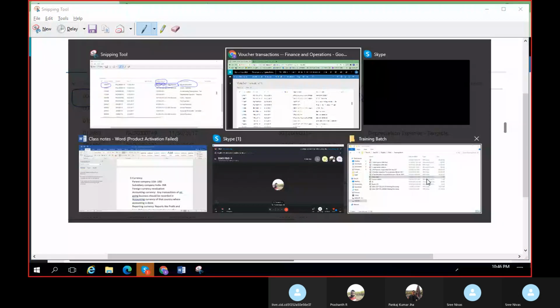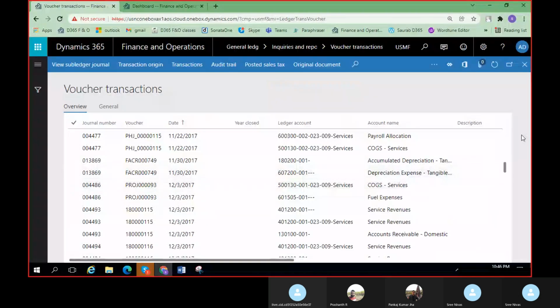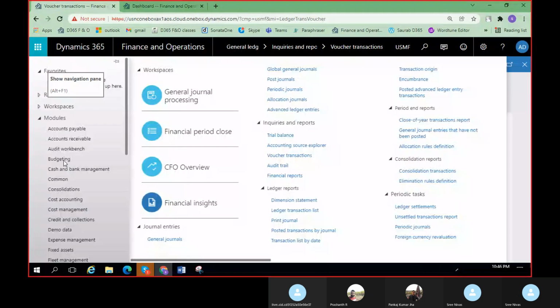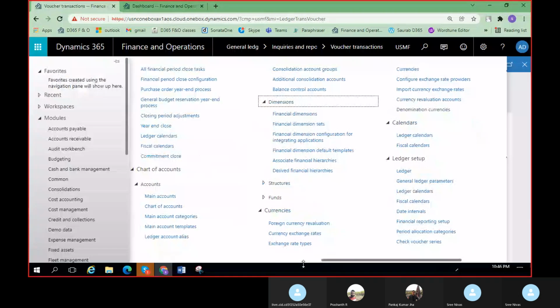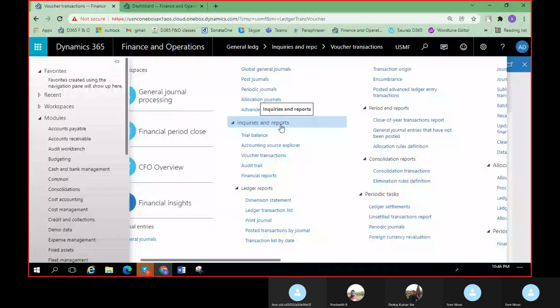You can just come to accounting reports, immediately go to account inquiries and reports, and then click on the watch reports. If you don't know this navigation, if you don't remember these screens, it will be a big problem for you.